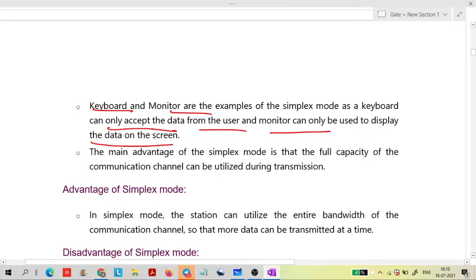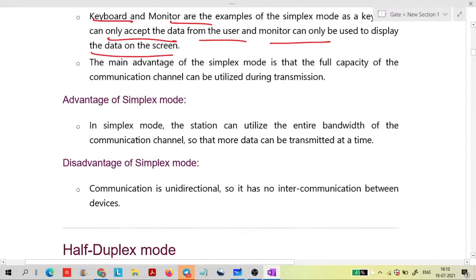So these are simplex mode, and the full capacity of the communication channel can be utilized during the transmission. The advantage of simplex mode is that the station can utilize the entire bandwidth of the communication channel, so that more data can be transmitted at a time.